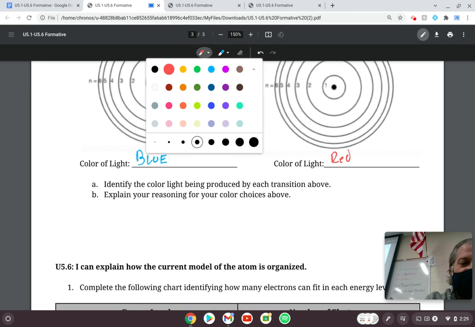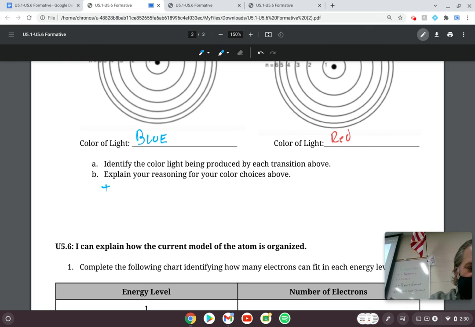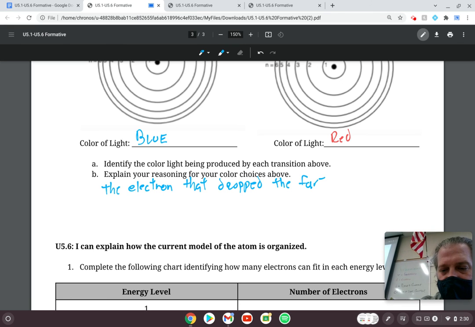So how would I explain that? I would explain my reasoning by saying that the electron that dropped the farthest released more energy.